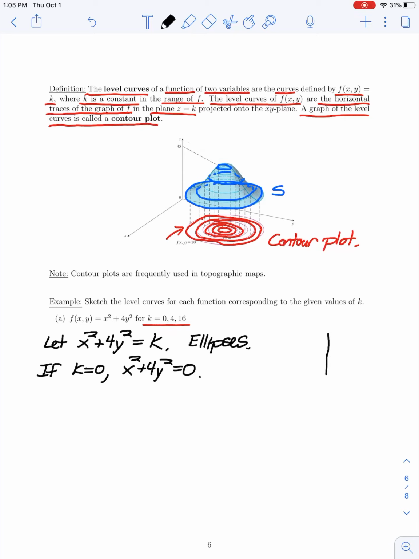So let's keep track of our level curves by sketching them over here. So for our first level curve corresponding to k equals 0, we have a single point. Now for the next value of k that we're given, that is if k is equal to 4, we would have x squared plus 4y squared equals 4, which again represents an ellipse.